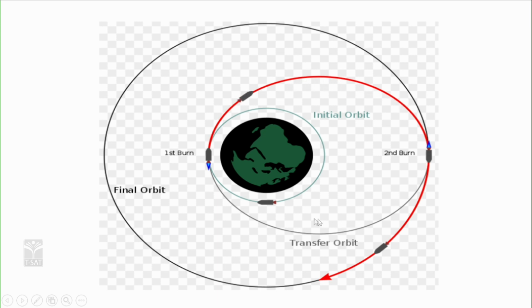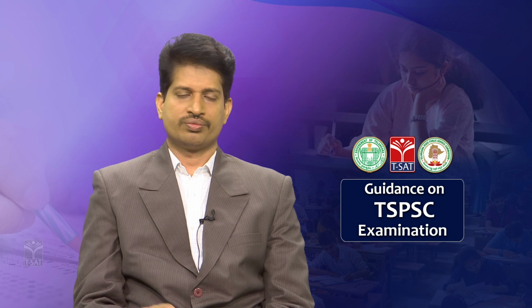In the same way, this phenomenon is repeated many times to raise the altitude of the satellite to the desired altitude so that it starts functioning. So, GTO is a temporary orbit used for launching satellites temporarily to overcome the gravitational force.